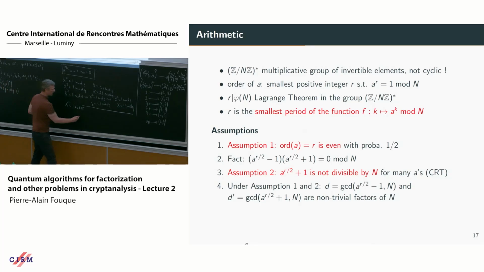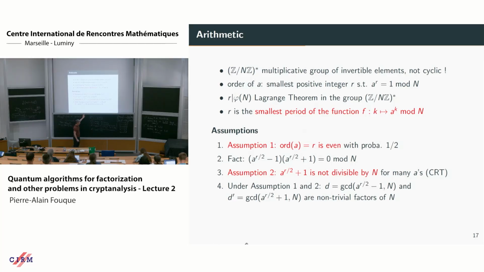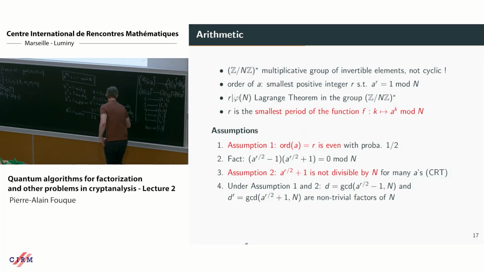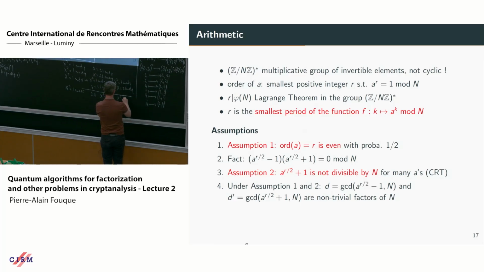So plus and minus 1 are trivial solutions for this. Okay? And minus 1 is 14, okay? But, for instance, x squared equal 1 mod 3, and x squared equal 1 mod 5.